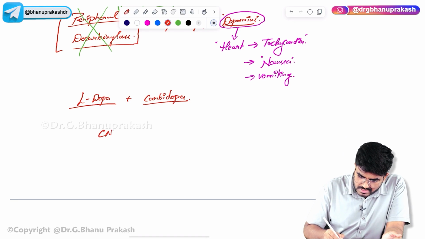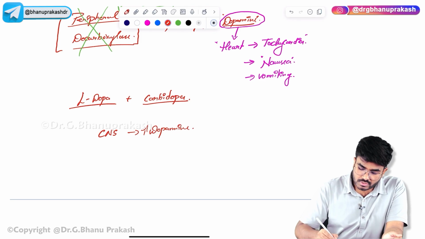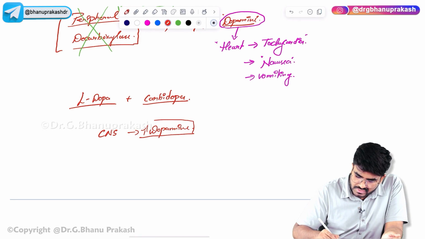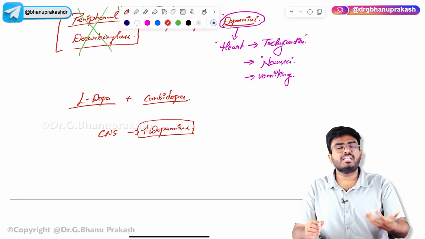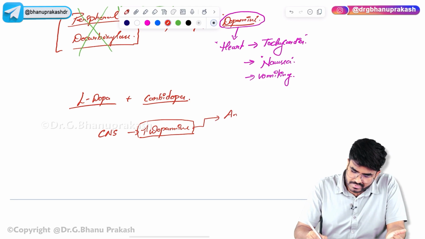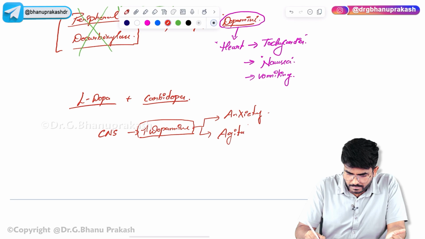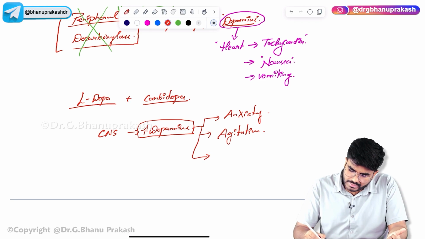But in the central nervous system you have increased the dopamine levels, and this increase is going to cause central nervous system side effects. Dopamine is a catecholamine, it makes you alert. So because of so much dopamine, there can be anxiety, agitation, aggression, and insomnia.